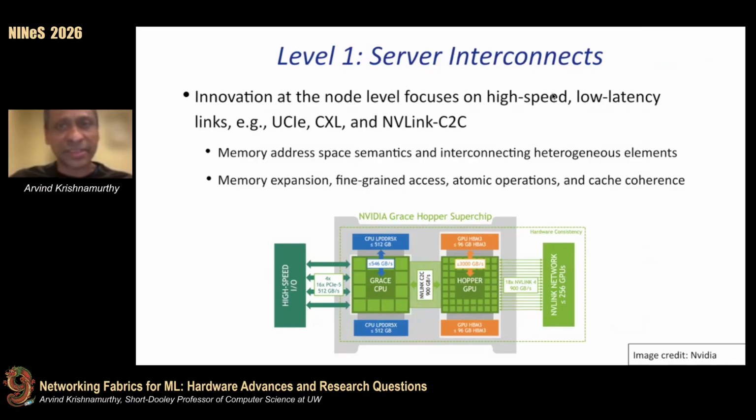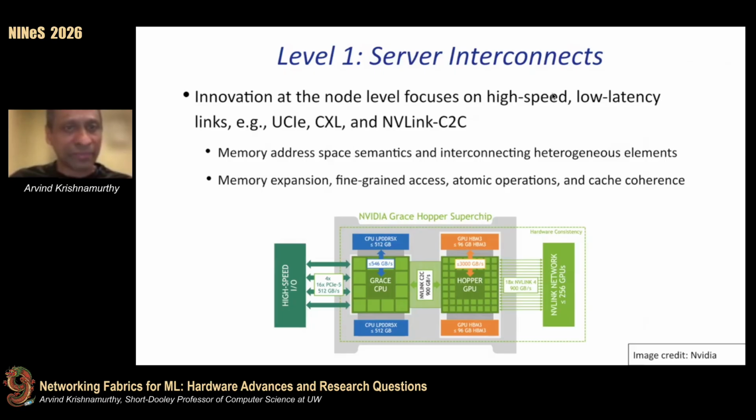At the server, there's significant focus on new interconnects, which provide high speed as well as low latency links. We are starting to see chiplet to chiplet communication standards such as UCIe, new protocol standards such as CXL, which updates PCIe, as well as proprietary solutions such as NVLink C2C.